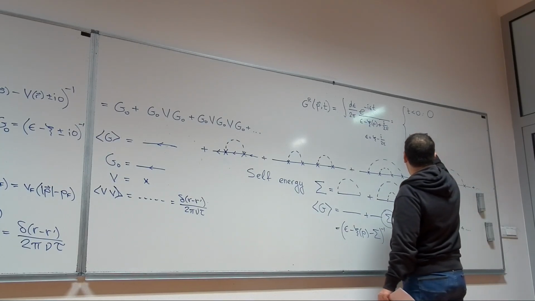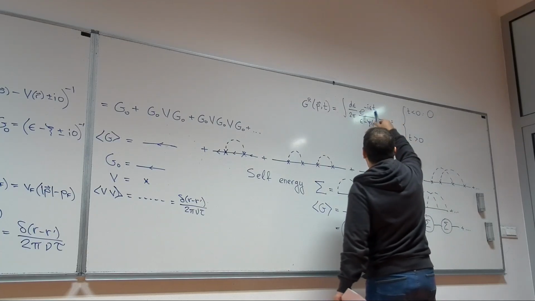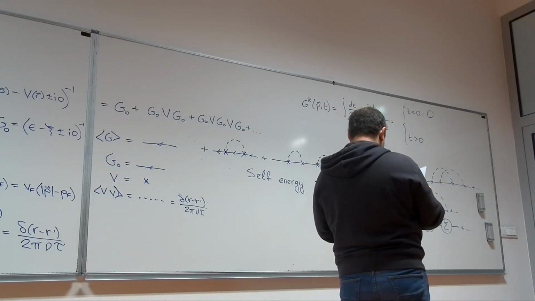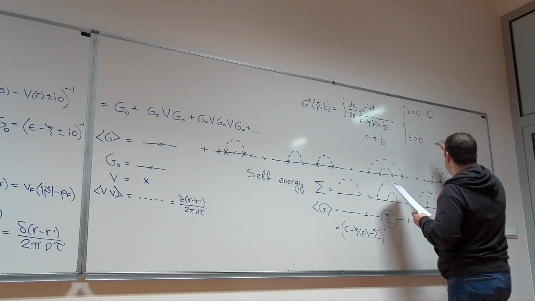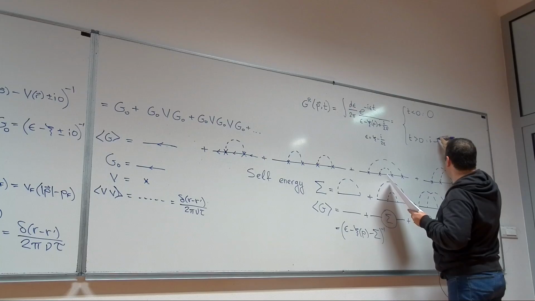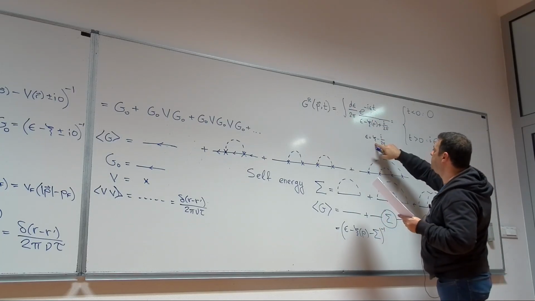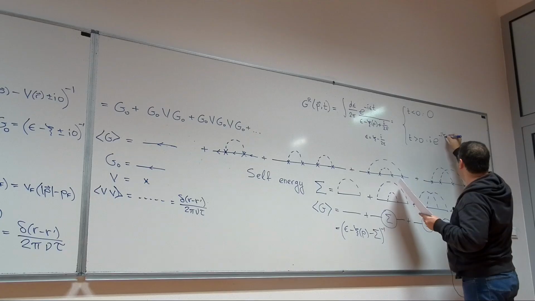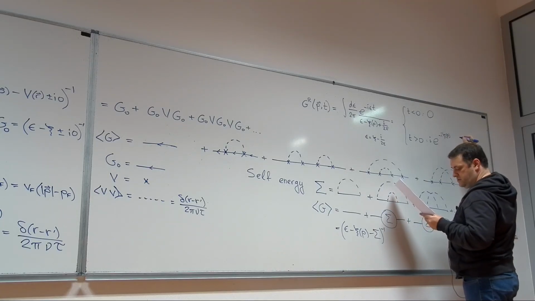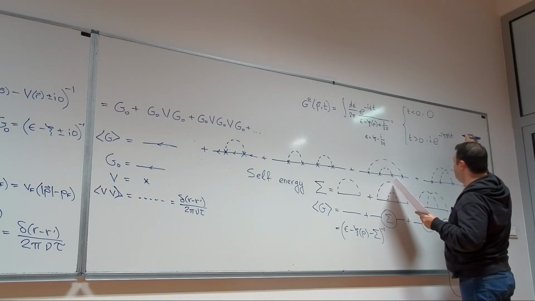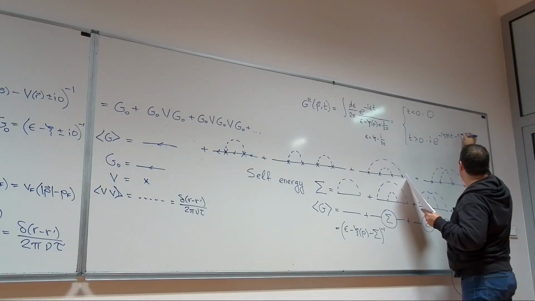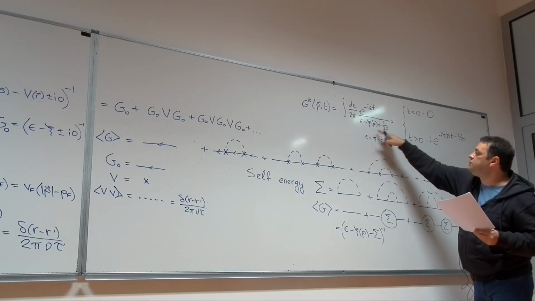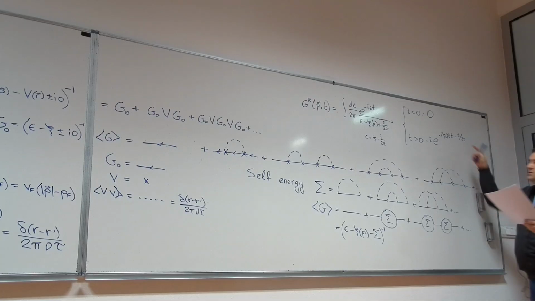And for positive time, we should complete the contour in the lower half plane. What we get is i times exponential, and here instead of epsilon we just insert this number: minus i xi of p times t, minus t over 2 tau. Yes, this is xi minus i over 2 tau times t in the exponent.